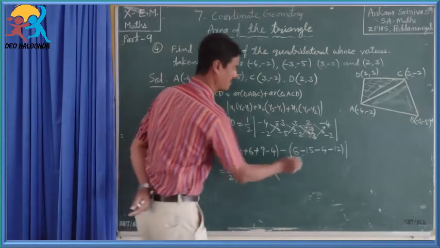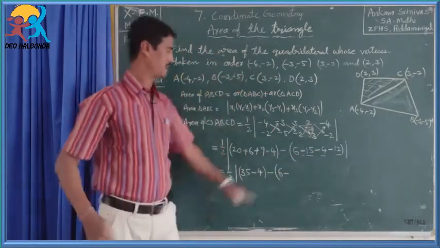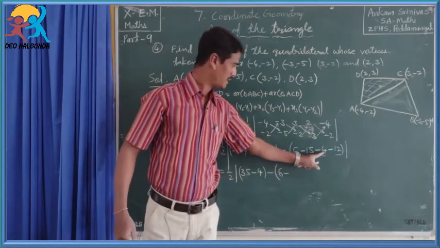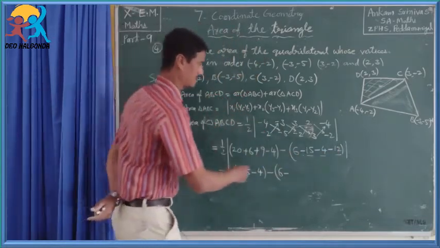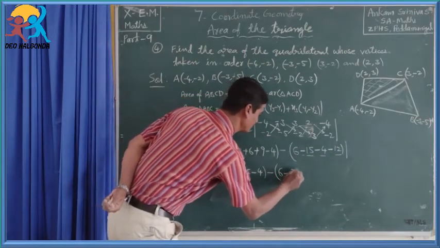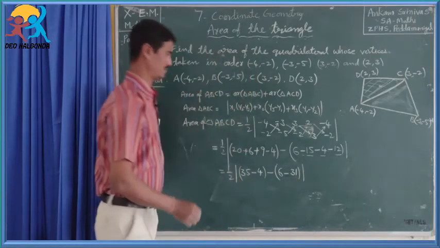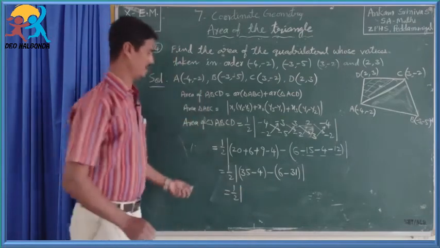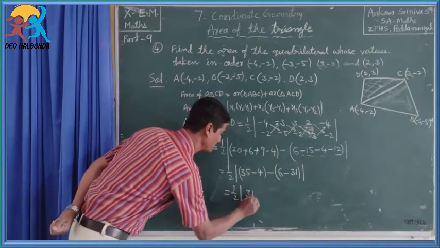And the sum of the negative numbers becomes a negative number: 6 minus 5 minus 15, that is minus 19, minus 19 plus 12. How much? 31. 35 minus 4 will get 31.